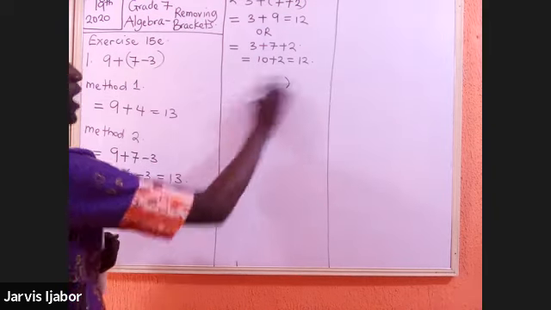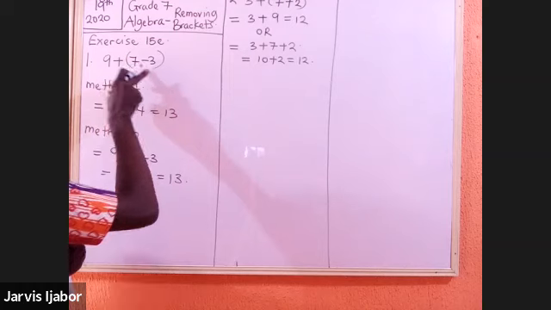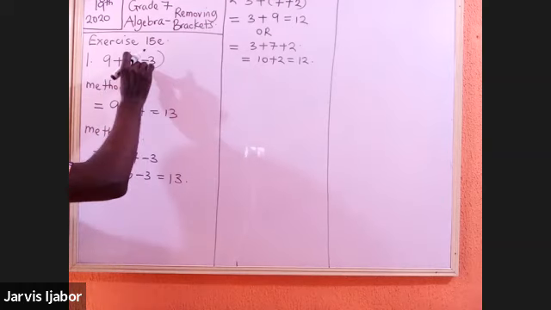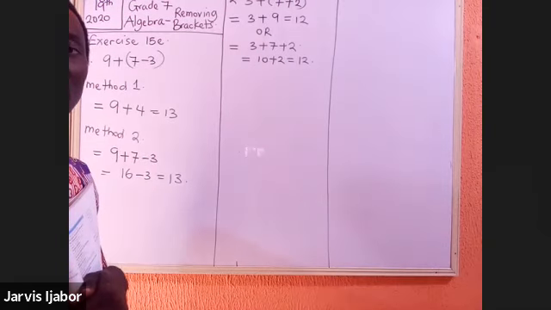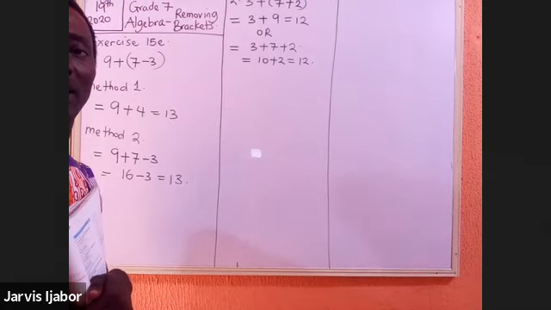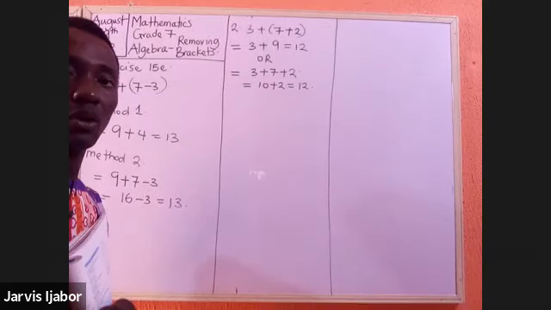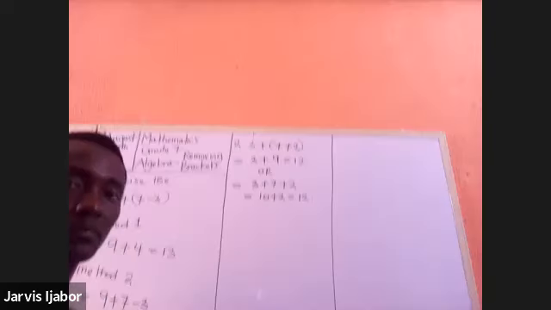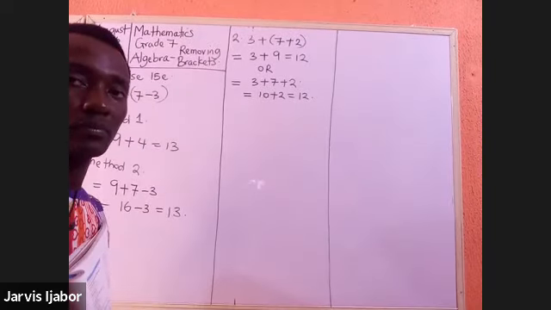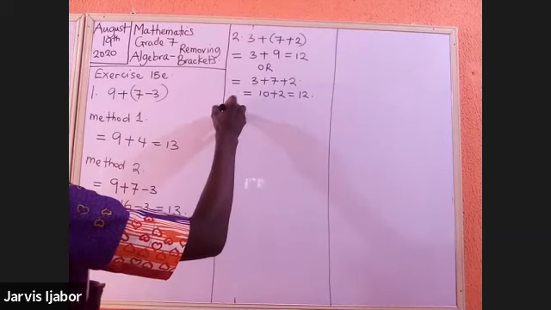If you have a positive multiplying the brackets, the content remains the same. The content will remain the same. So please, let's take note of that. I should have mentioned that earlier.